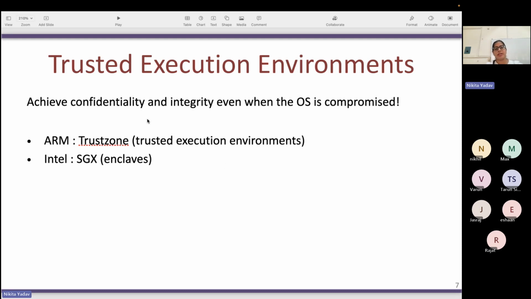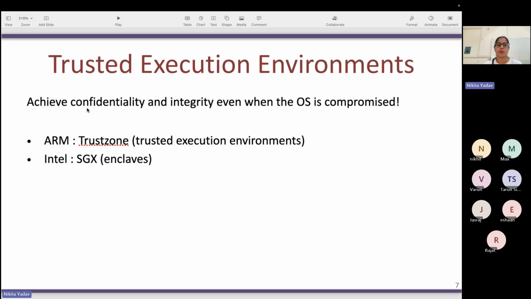So it achieves confidentiality and integrity. So even if your OS is compromised, if you're running your application inside the trusted execution environment, then even the most privileged software in the previous case, the OS, will not be able to tamper with your process.